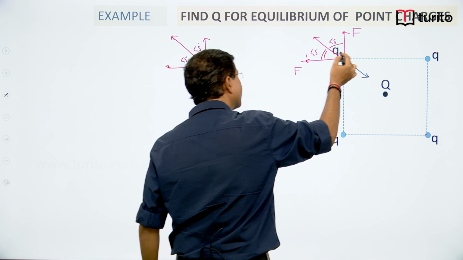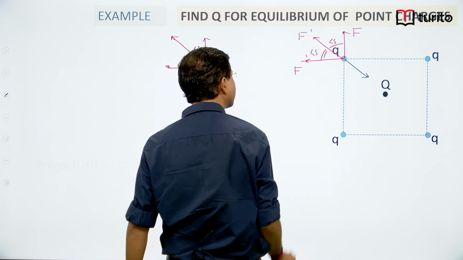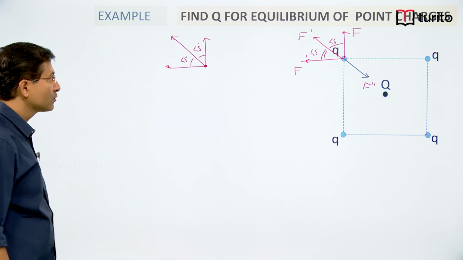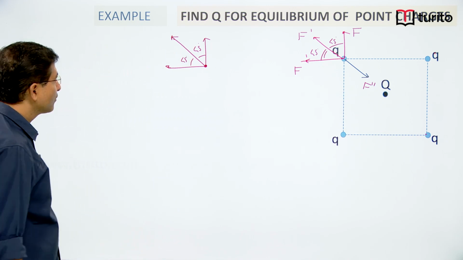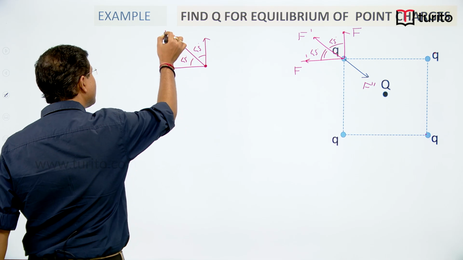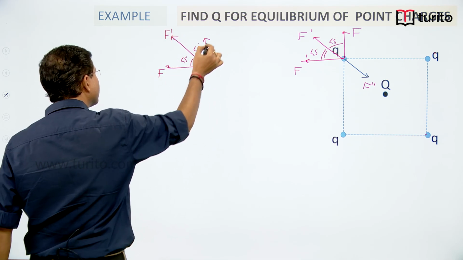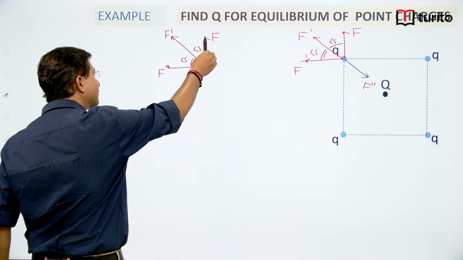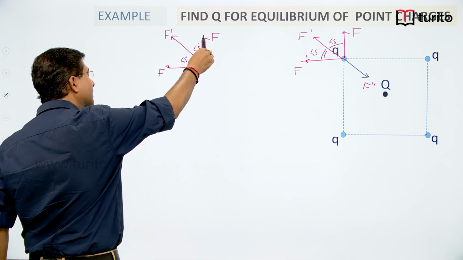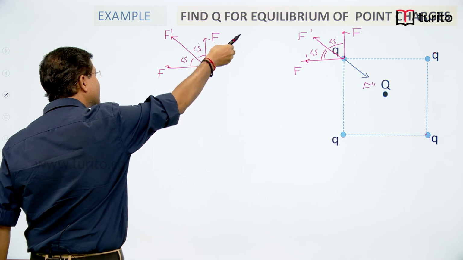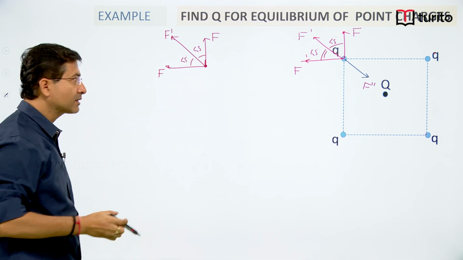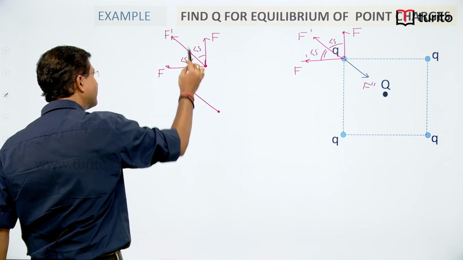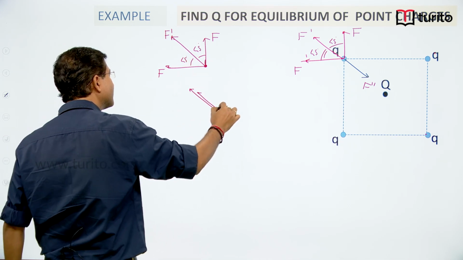As distance here is different, let us call it F dash, and I will call this F double dash. You can see that this force will have two components, one in this direction, that is cos 45, another in this direction, that will be sin 45. So this force can be divided in two directions, this way and this way.